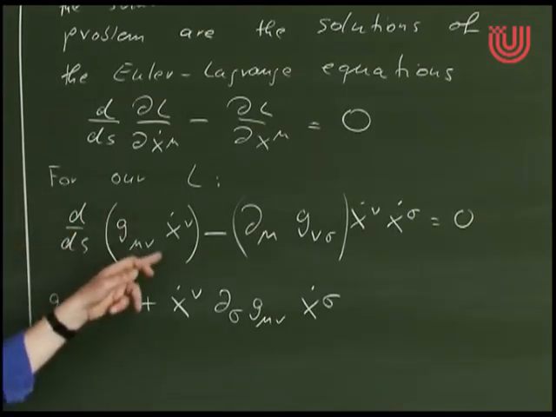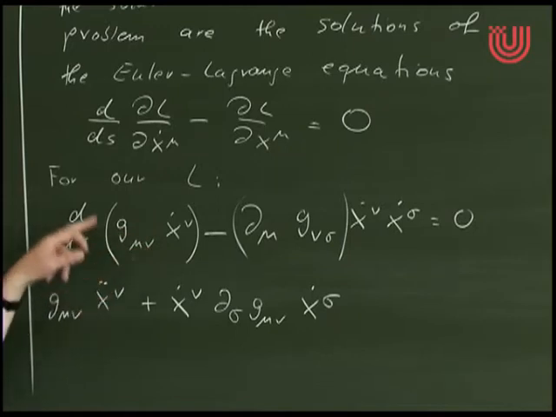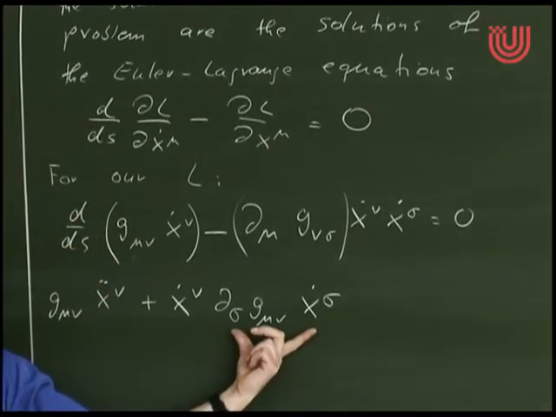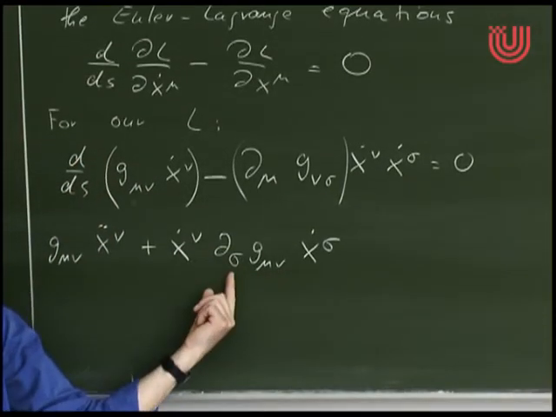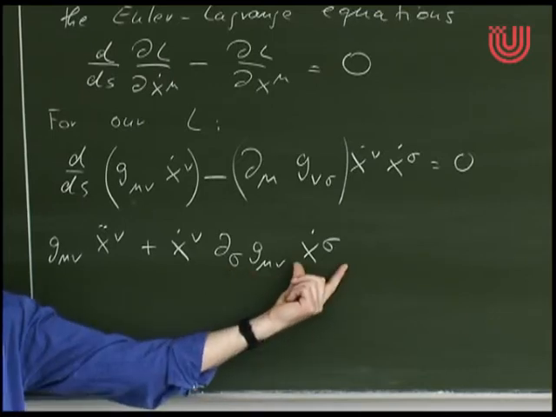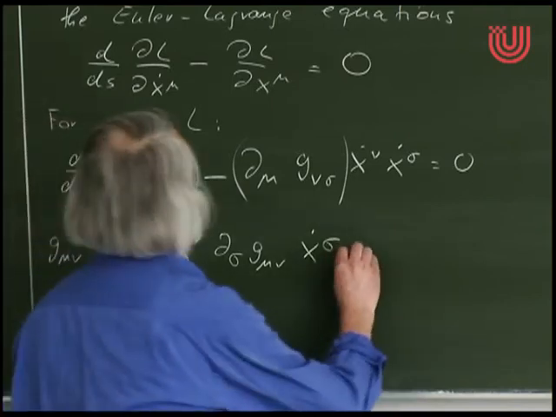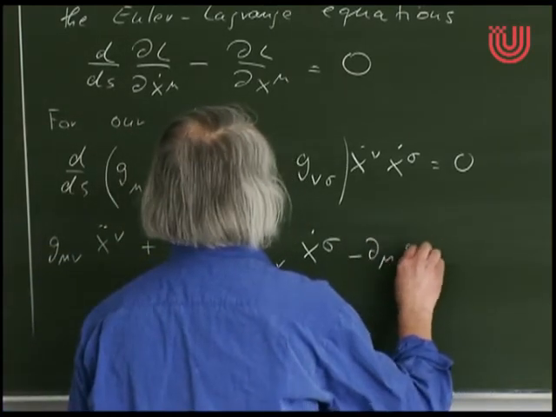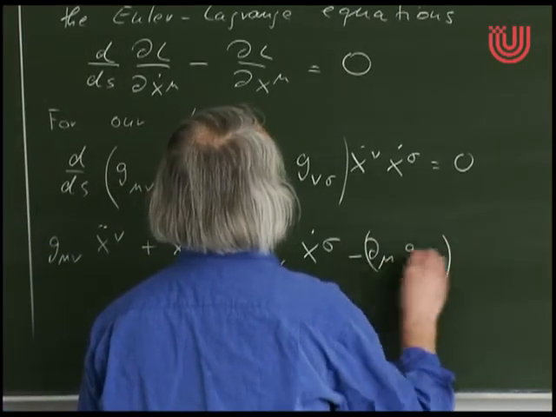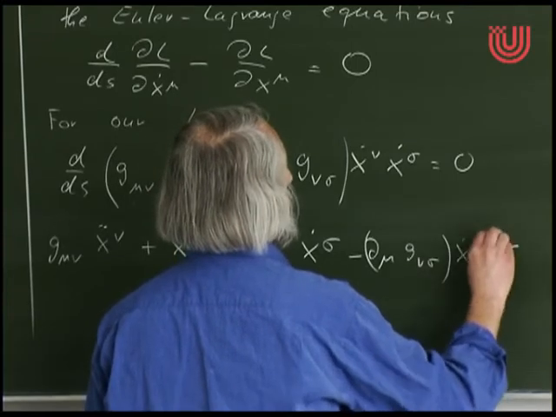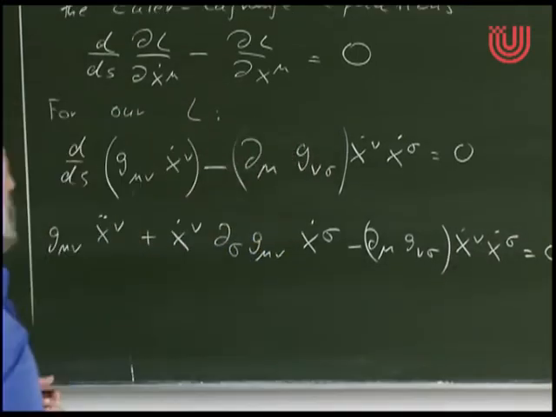That's the d/ds applied to this here. With the chain rule, I first differentiate with respect to x^σ, and then I differentiate x^σ with respect to s. And the other term is minus ∂_μ g_νσ x^ν dot x^σ dot, and this is 0.